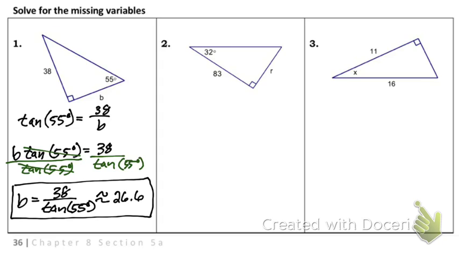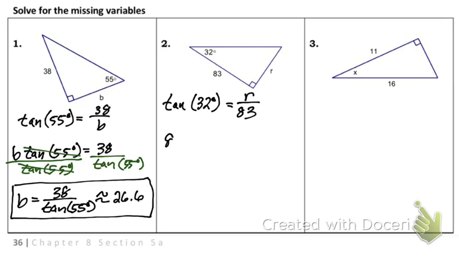We are given angle of 32 degrees, so we'll do tangent of 32 degrees equals opposite, which is R, over adjacent, which is 83. All right, so we just multiply both sides by 83.